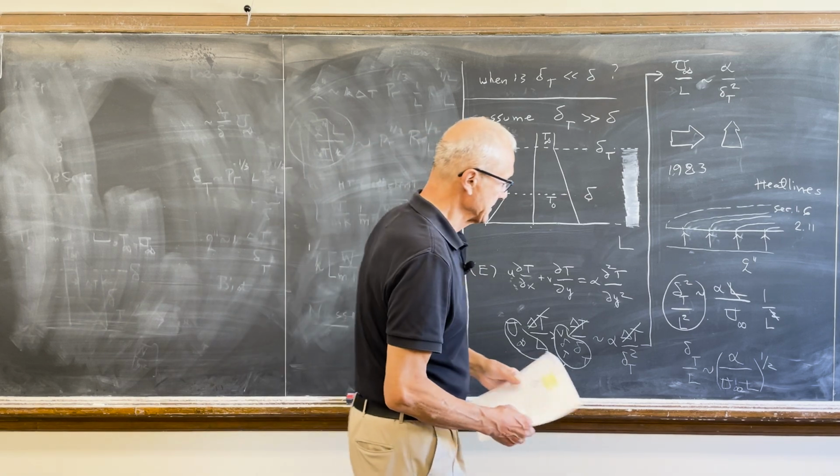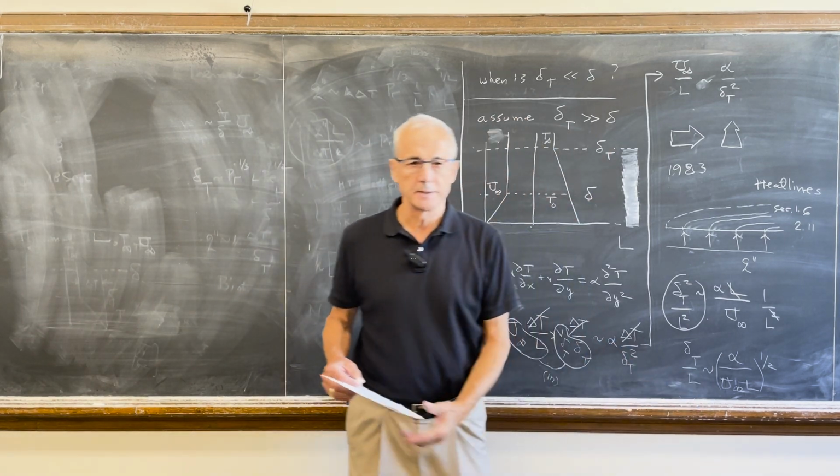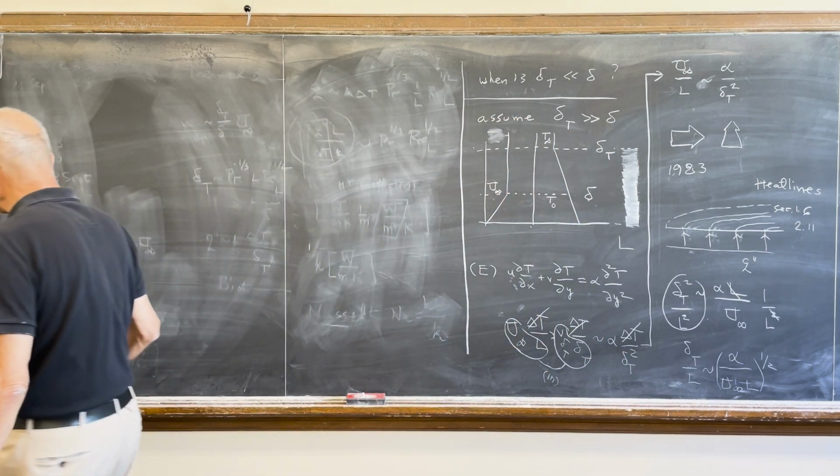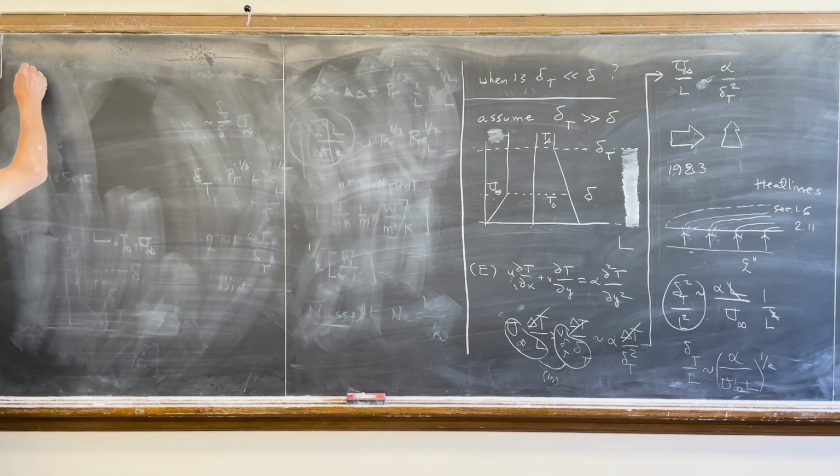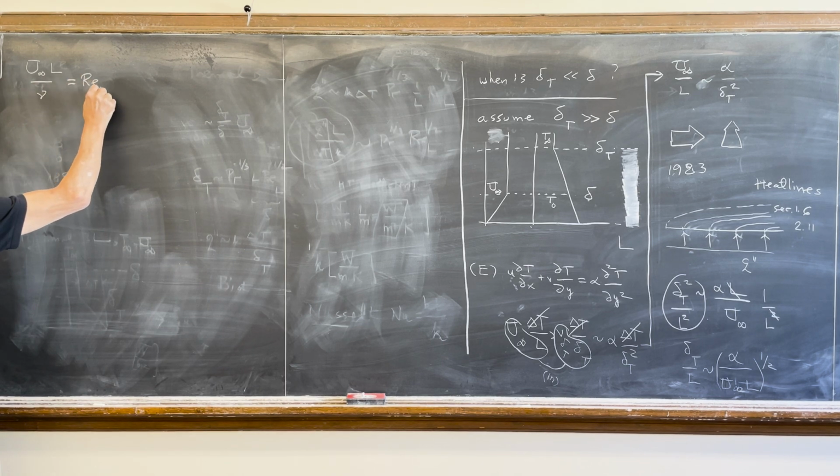And you see on the right-hand side a group, the upside down of which is familiar. U infinity L over nu is the definition of the Reynolds number based on L.